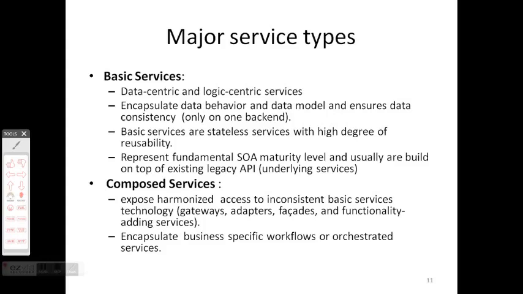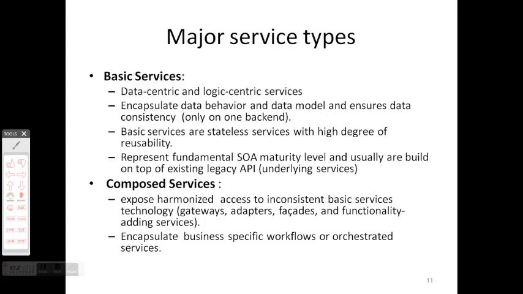Okay, and now major service types. We mentioned some different service types. Basically, we have a basic service type. These basic services provide service-centric and logic-centric services.